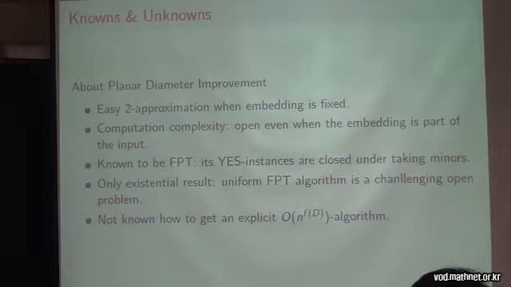But it is known that this problem is FPT when the embedding is not fixed, because the yes instances are closed under taking minors. So if you know about minors, you can check it easily. If you don't know about minors, it's difficult to explain.